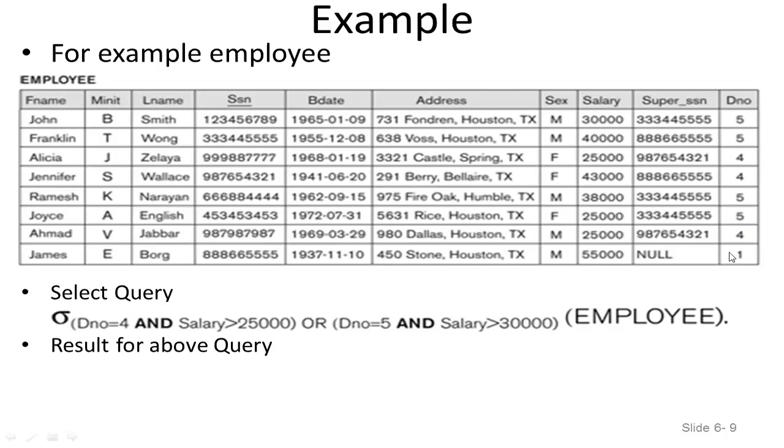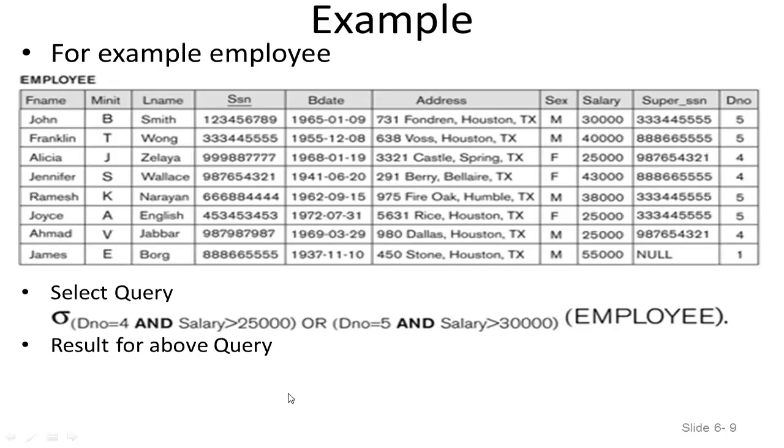Okay, so only one is there, one will be discarded because we are not including it here. And then what is the second condition? Salary. The department number 4 is combined with salary greater than 25,000, so this will be discarded and this will be selected and this will be discarded. So only one record will be selected based on this given condition.